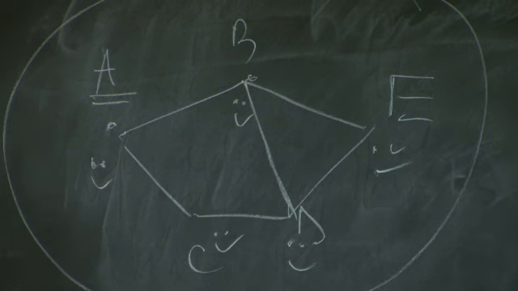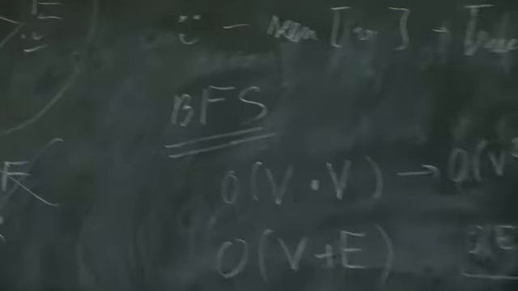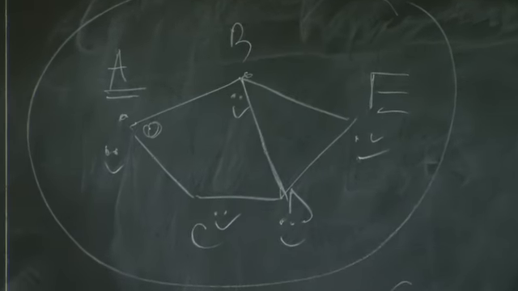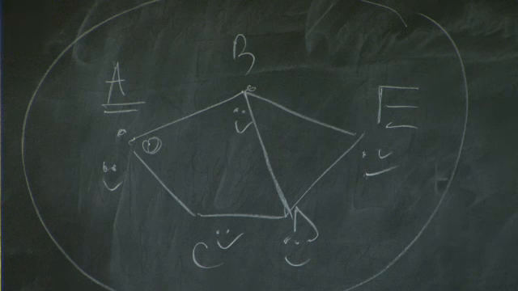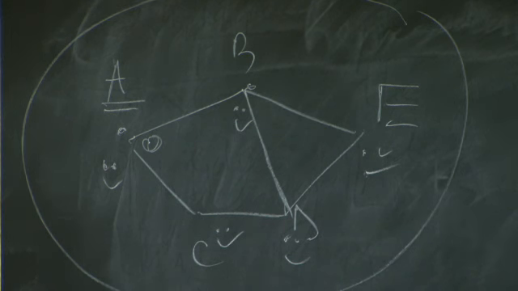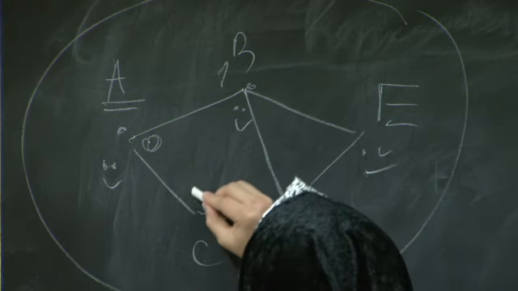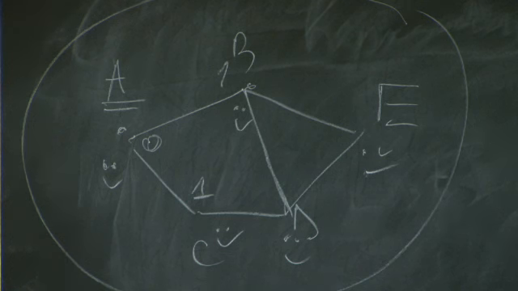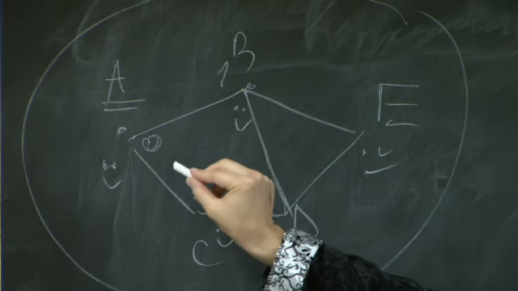How do we compute this distance? Let's see. What's the distance from A to A? 0. When I start from A and I see that its neighbors are B and C, what's the distance from A to B and from A to C? Okay, now I look at B. A is B's neighbor.